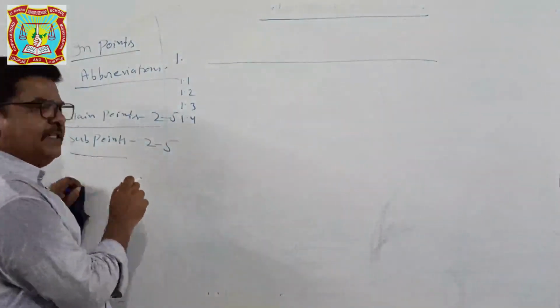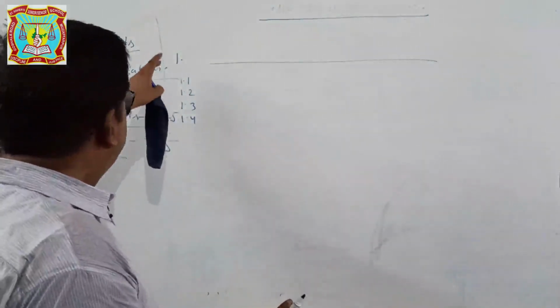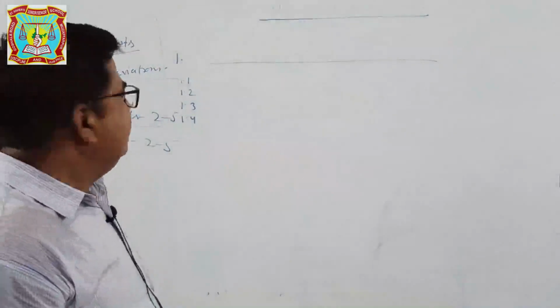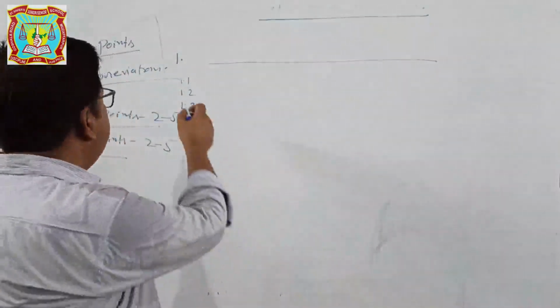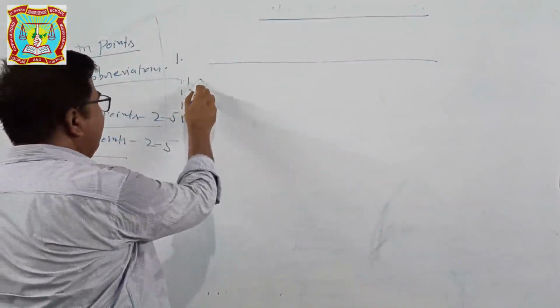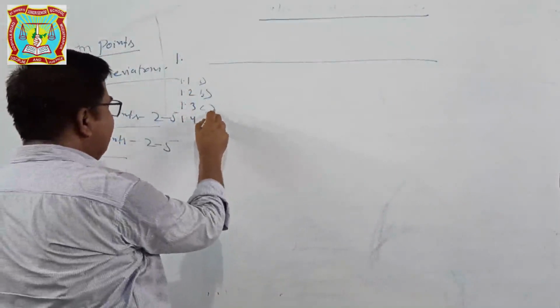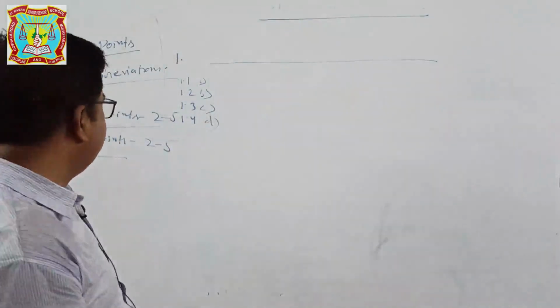So main points or main heading minimum 2, maximum 5. And sub points or subheading minimum 2, maximum 5. So this is the way I have written. You can write it in another way. If you give here 1, you can write A, B, C, D if you wish to. It's your choice.